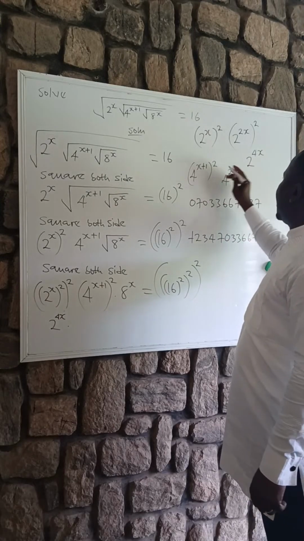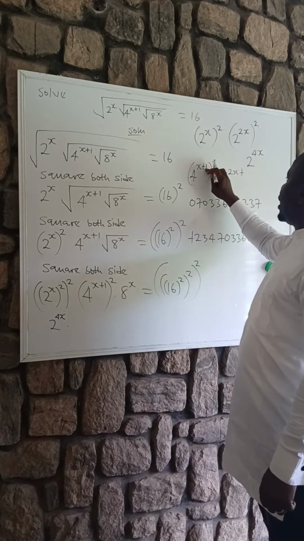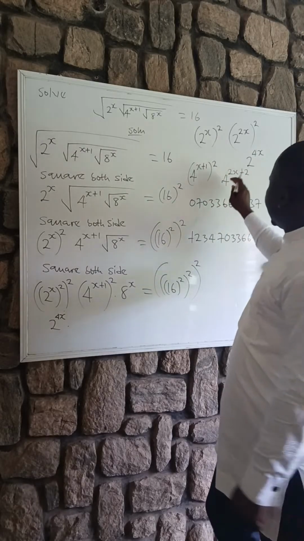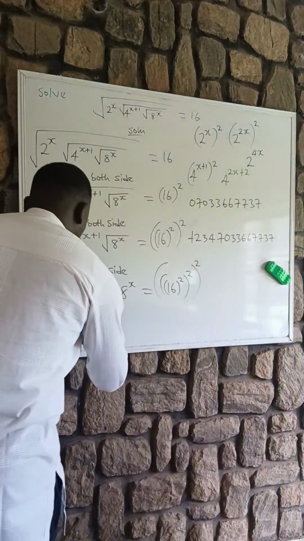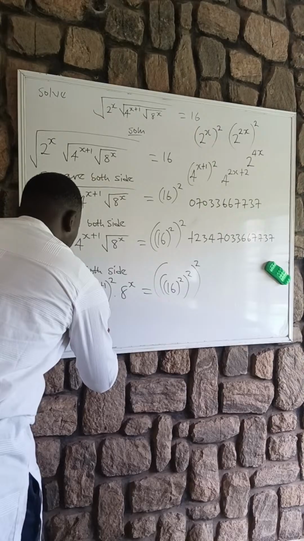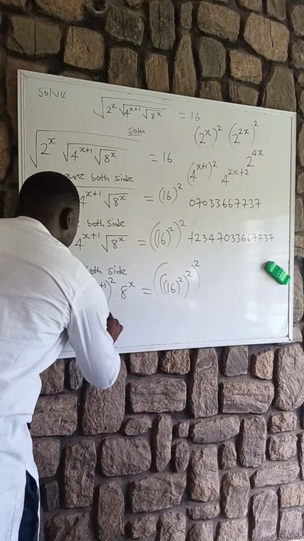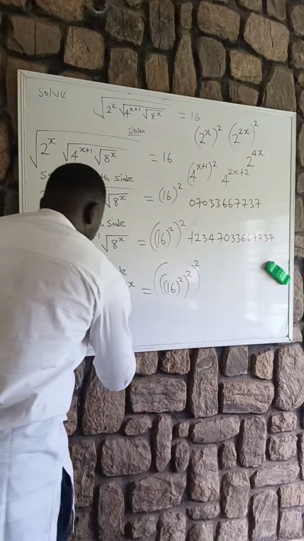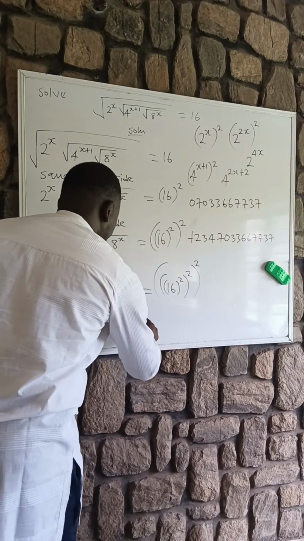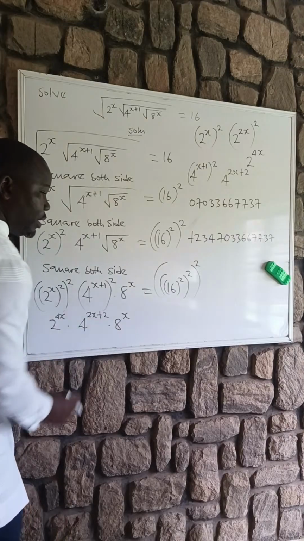Then what we have here? Plus 2 times 1 is 2. So it implies that here we are going to have 4 raised to the power of 2x plus 2.